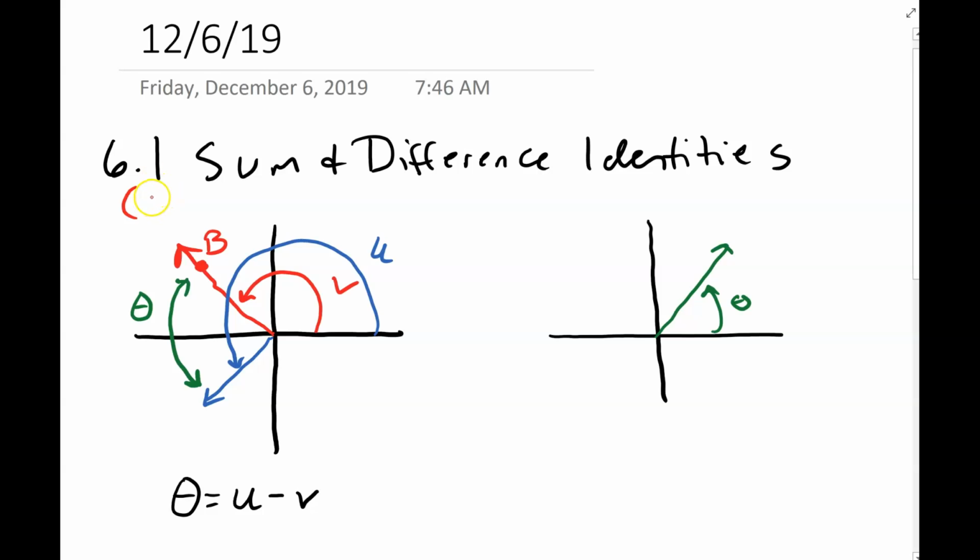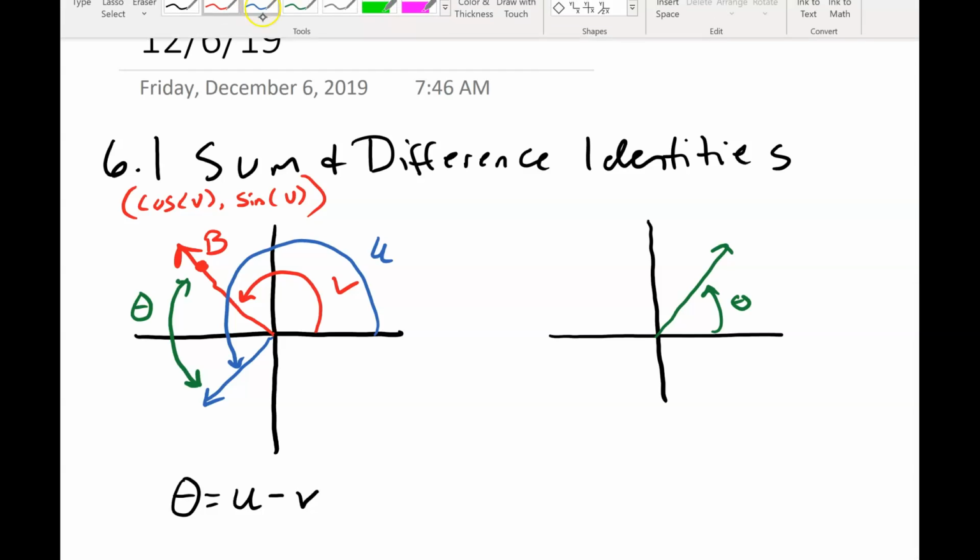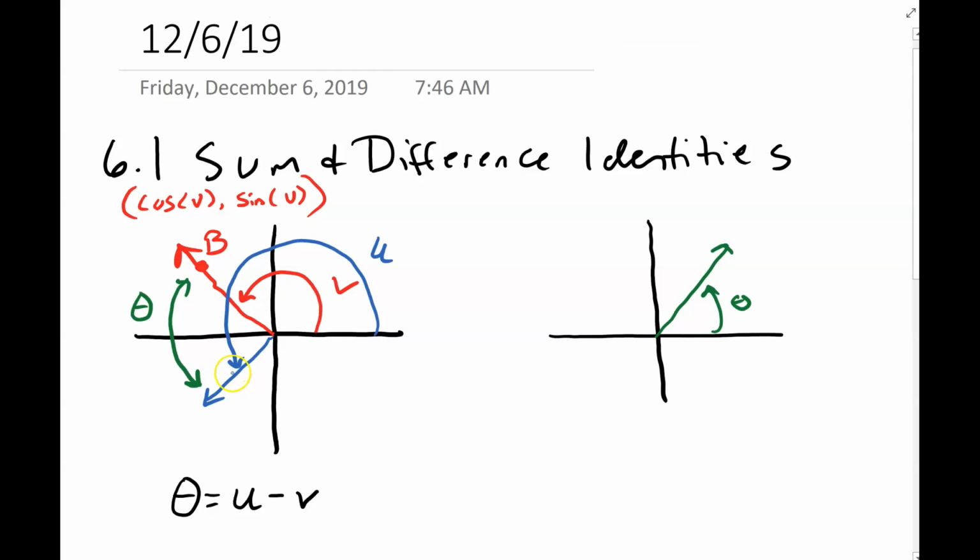Well, it would be cosine of V, comma, sine of V, right? The point's on the unit circle, the x-coordinate is cosine of that angle, and the y-coordinate is sine of that angle. That's part of how we developed that unit circle, right?